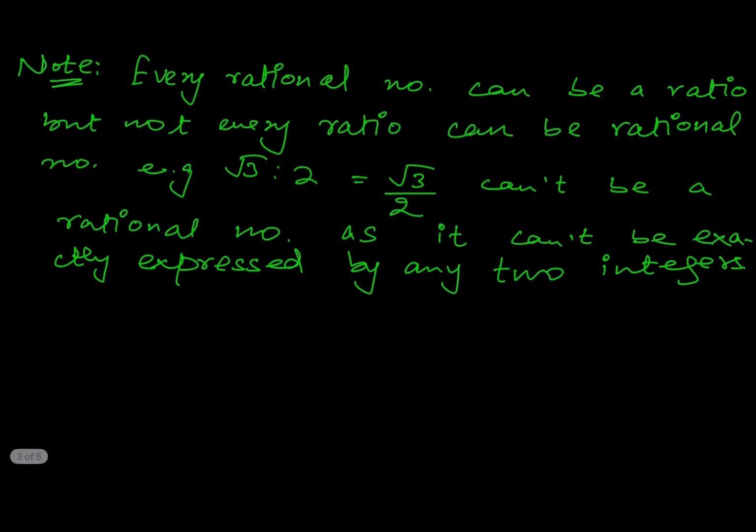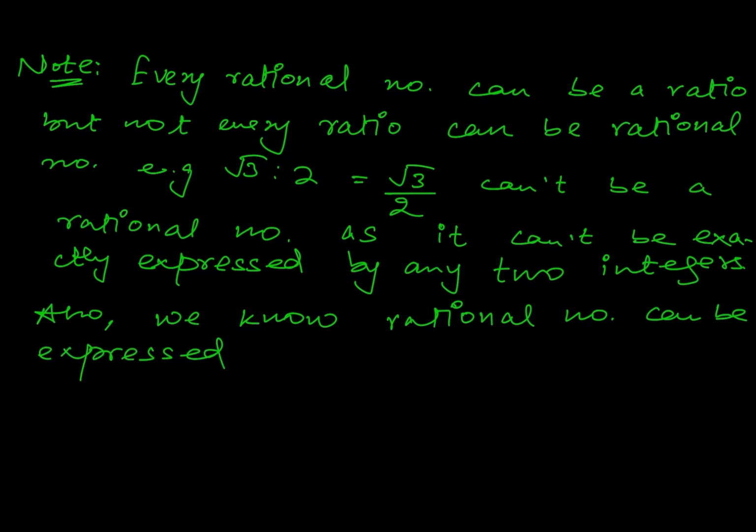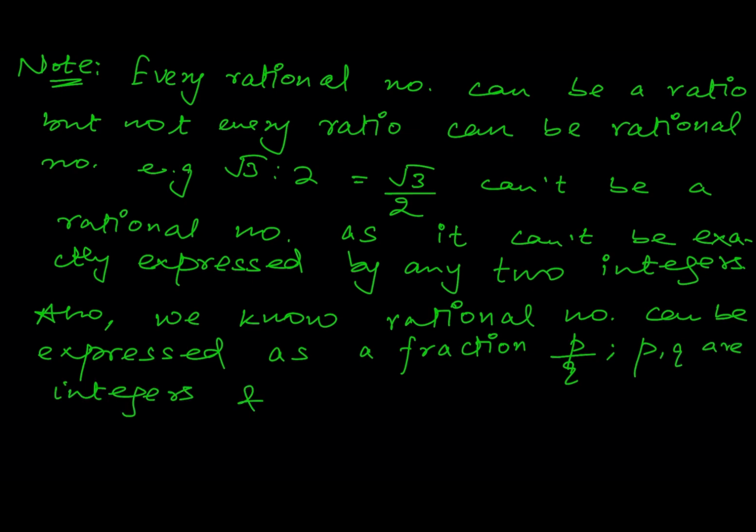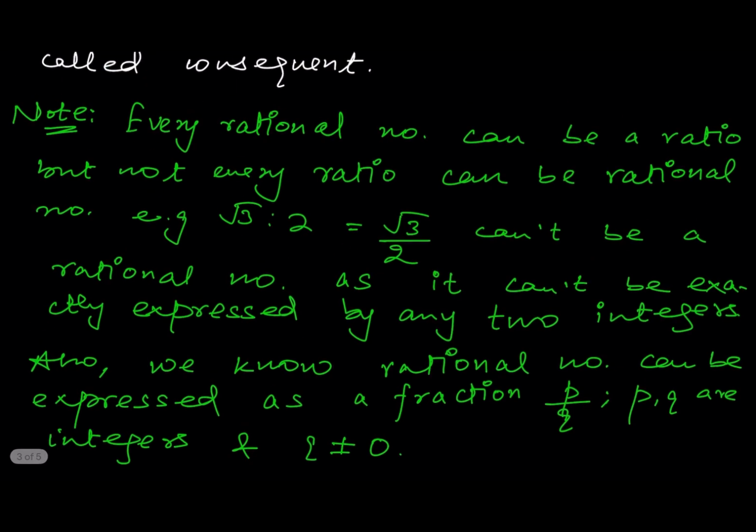And we know rational number can be expressed as a fraction p by q, where p and q are integers and q is not equal to 0. So here what we are saying, every rational number is a ratio, but not every ratio can be a rational number, right?